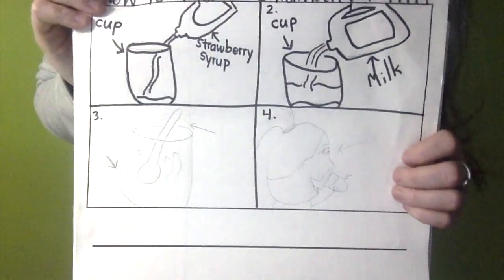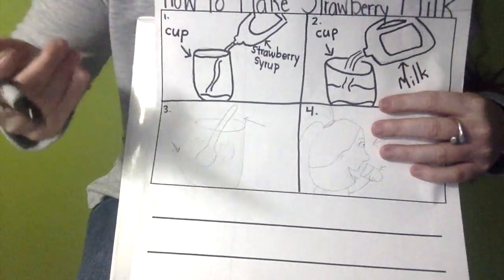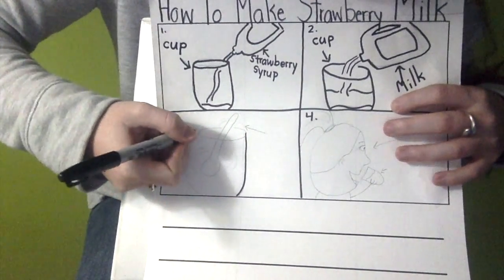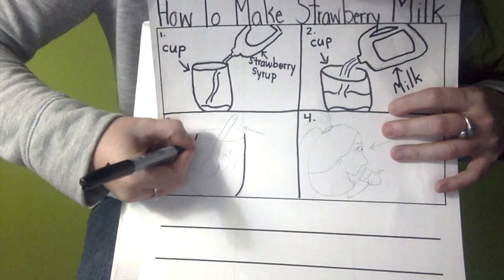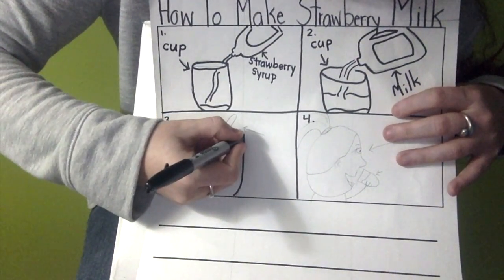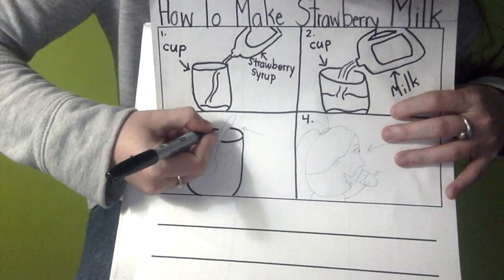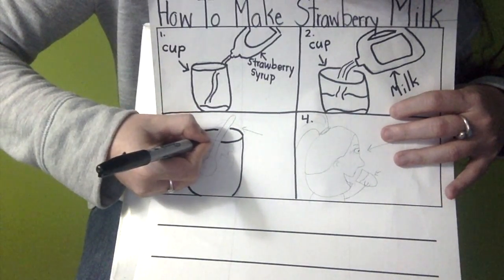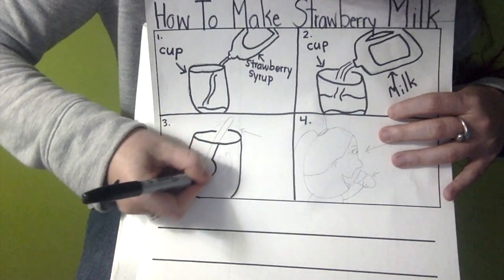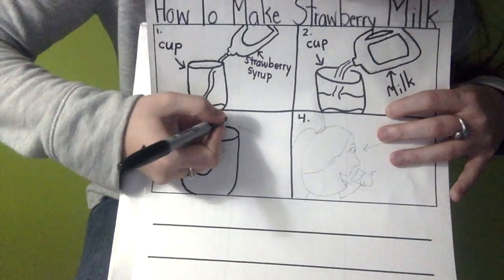Great. Step number 3 was to stir the ingredients together, the milk and the strawberry syrup. So I'm going to show my cup again, and I'm going to show the ingredients getting stirred together with a spoon. Okay.